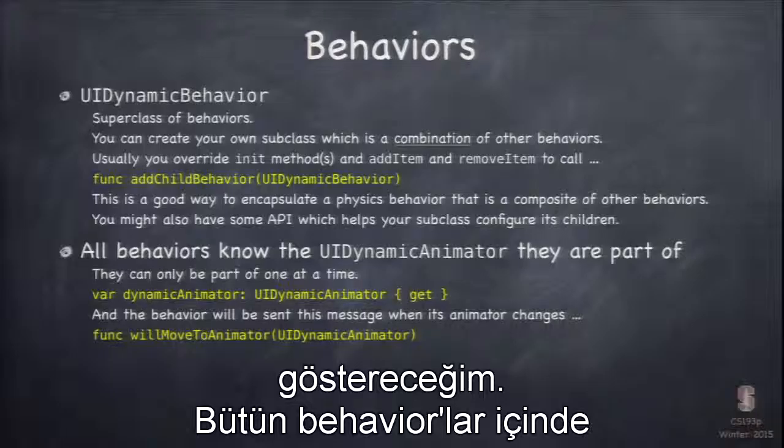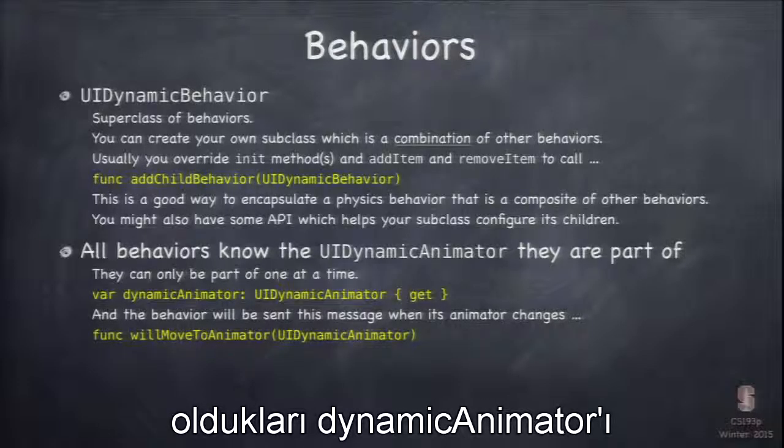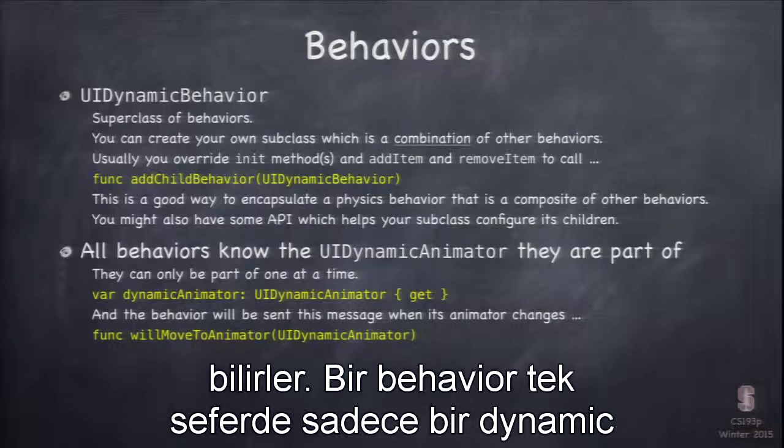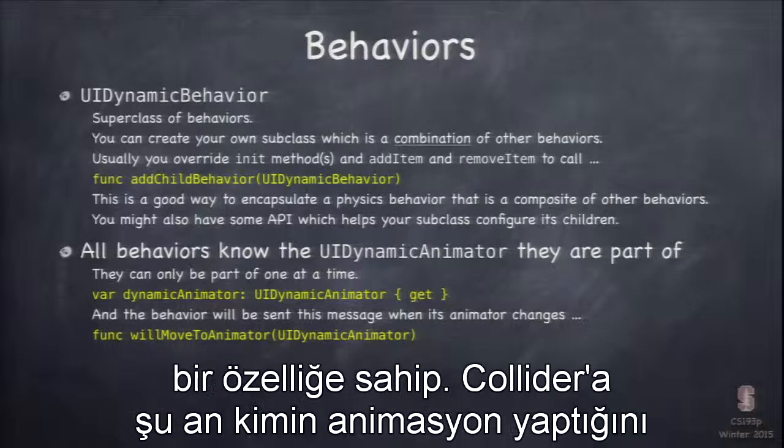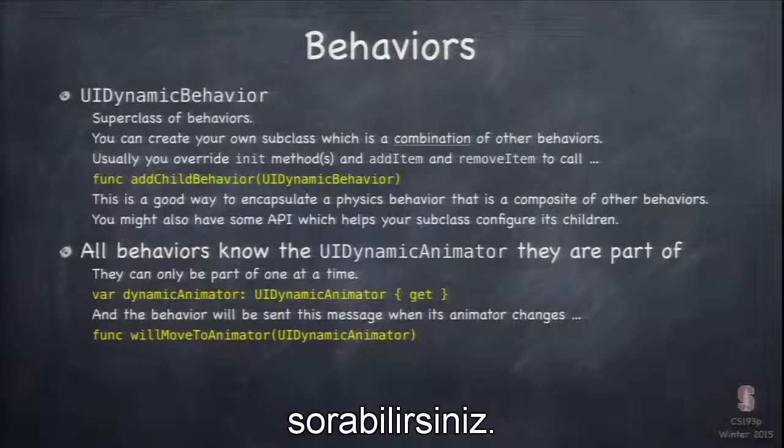All behaviors know the dynamic animator they're in. And a behavior can only be in one dynamic animator at a time. So it has a property called dynamic animator, and it's read-only, and you can ask a collider who's animating you right now, and it'll tell you the dynamic animator that is animating it.